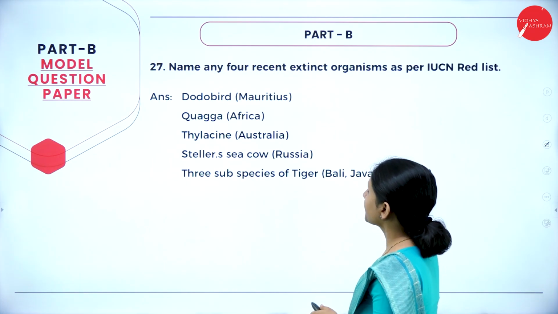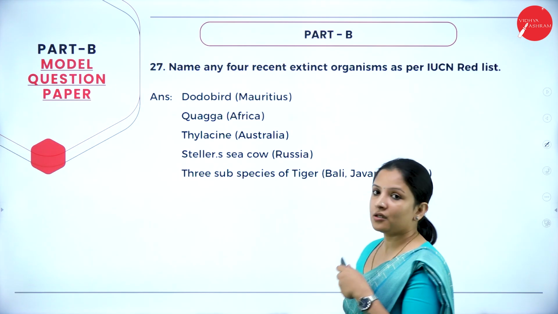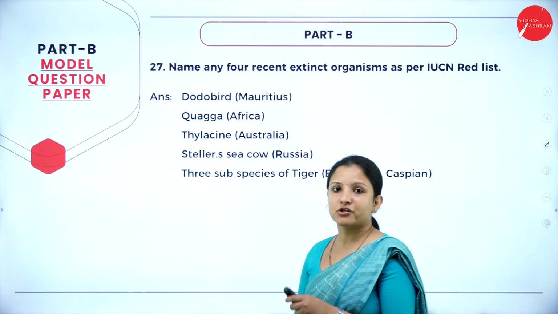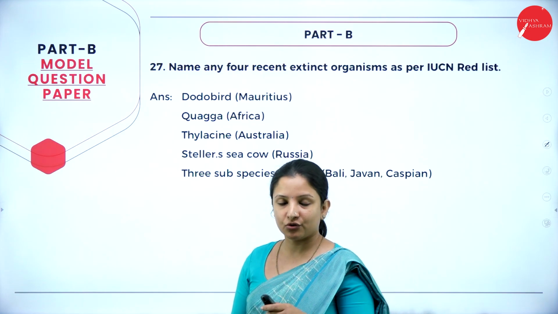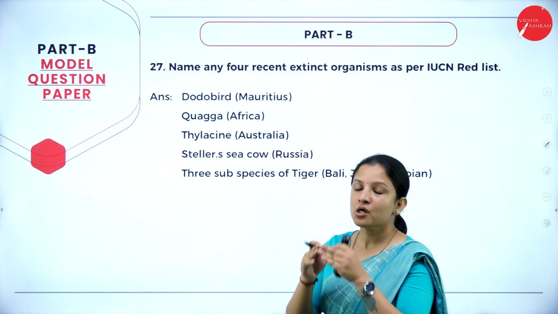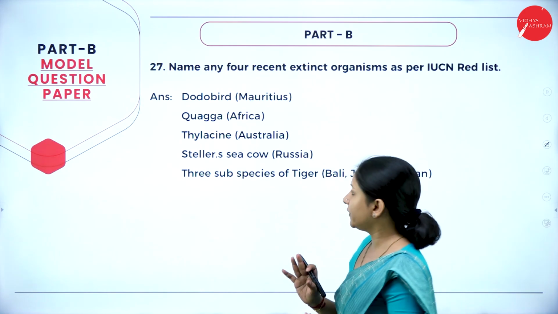So moving further, name any 4 recent extinct organisms as per the IUCN Red List, that is International Union for Conservation of Nature and Natural Resources. They are the ones that maintain a red data book or the red list. So which are the extinct organisms? Any 4 that we need to mention.